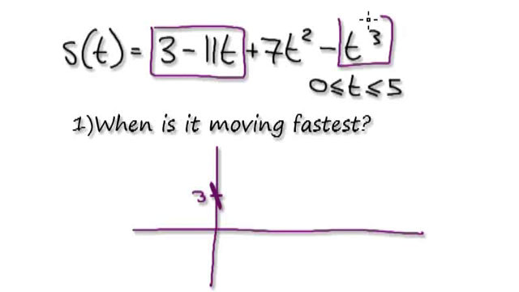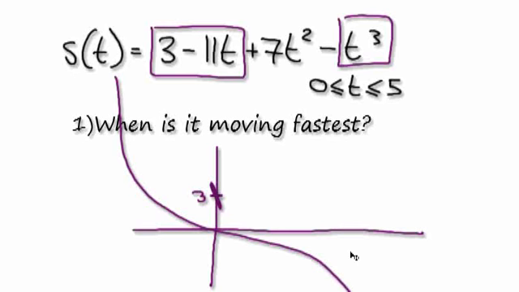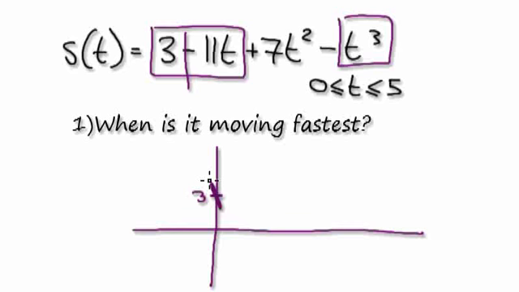When t is big, it wants to do a negative cubic. So a negative cubic would be something like this. And then somewhere in the middle it will have a slight positive quadratic.